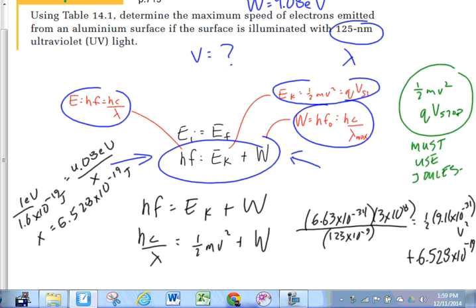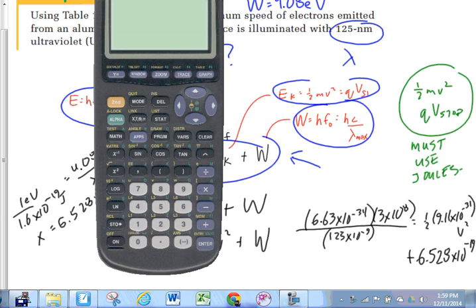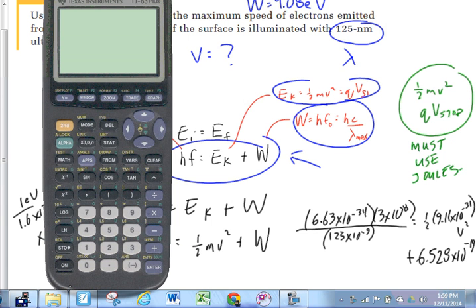Now let's solve this. Let's get the left-hand side first. Let's say 6.63 times 10 to the minus 34 times 3 times 10 to the 8 divided by 125 times 10 to the minus 9. Okay, there's a number on my left-hand side.